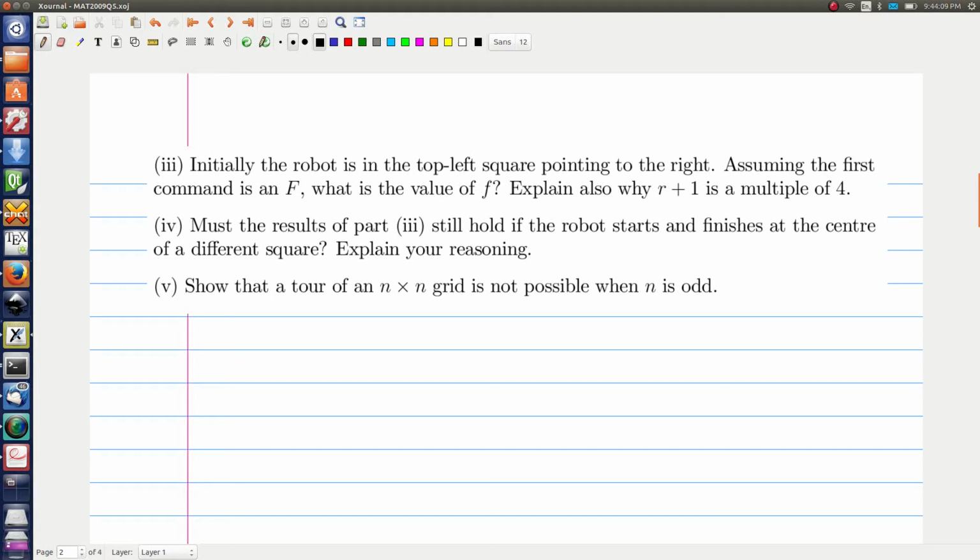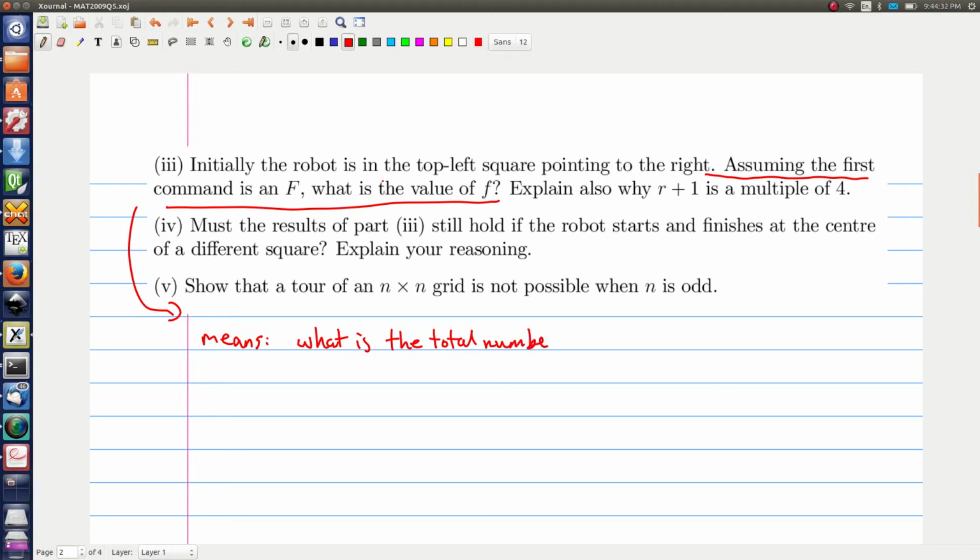So let's translate this part into English as best as we can. What does this mean? What is the total number of squares moved through in the tour?